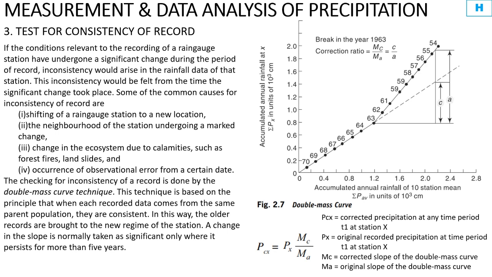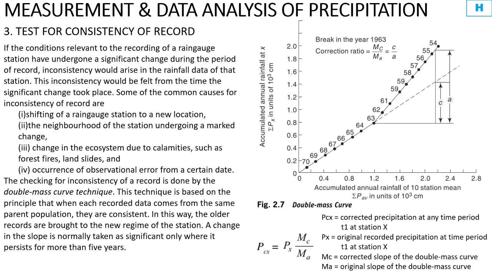Number 3, may change in the ecosystem due to calamities such as forest fires, landslides, or these calamities, they can change yung ecosystem, di ba? They can kill several wildlife, even yung vegetation in place. So these calamities can cause change in precipitation then. And then number 4, occurrence of observational error from a certain date.